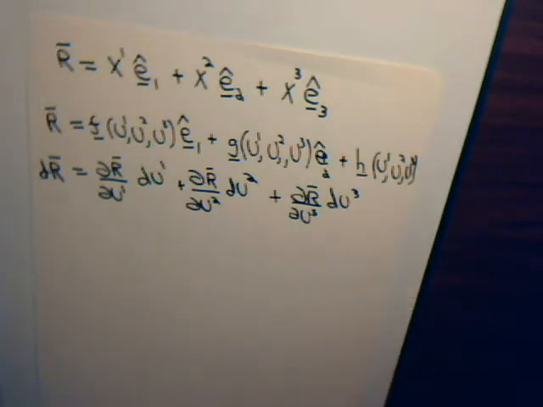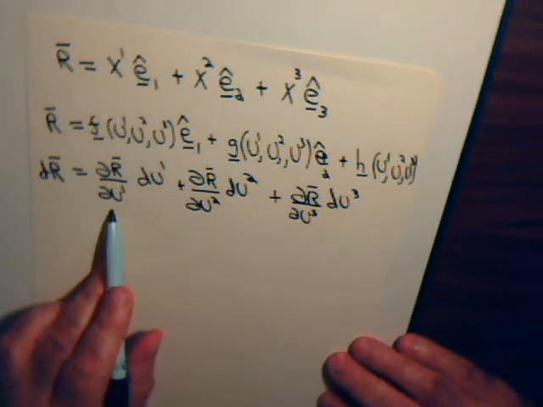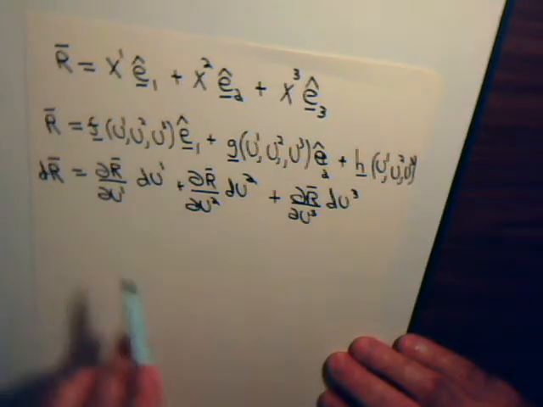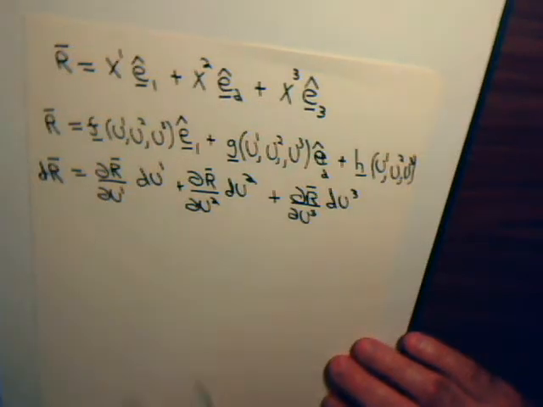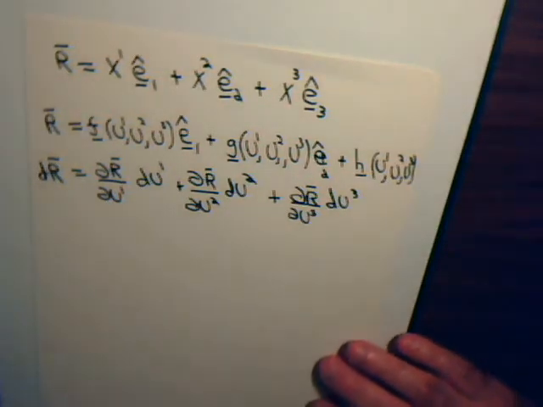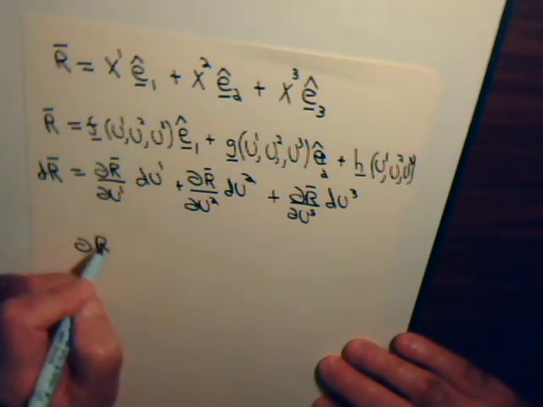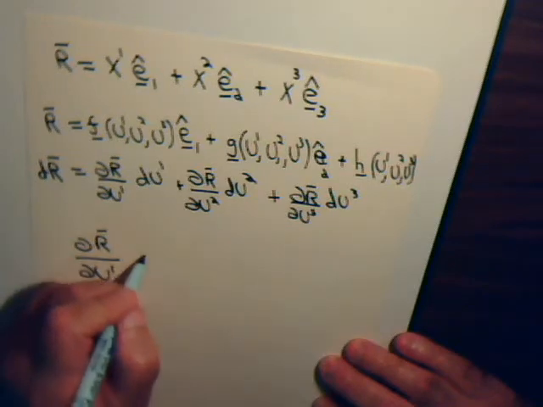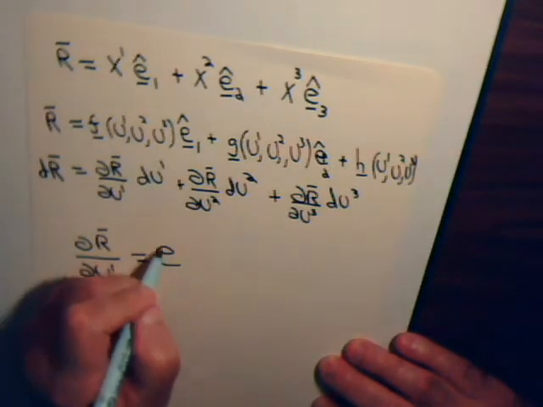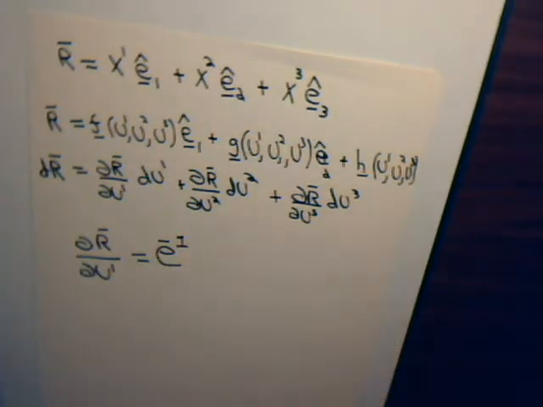Now, this tells us how the position vector changes with respect to the u1 axis when everything else remains constant. So this partial derivative, that is that tangent vector E1.